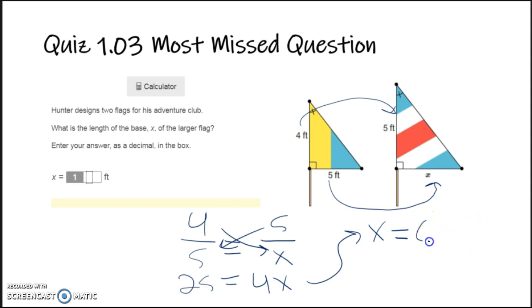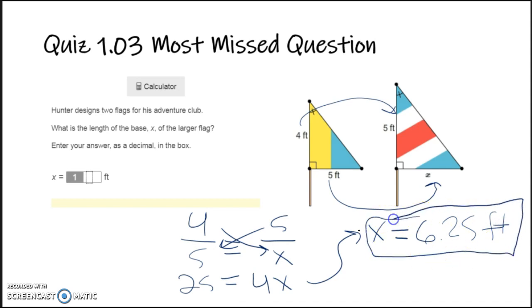And it's in feet because the rest of them are in feet as well. And that's how they want your answer. That one was pretty straightforward and hopefully not too confusing. Again, just remember, keep it consistent. If you're doing small to large in this first proportion, do small to large in the second as well.